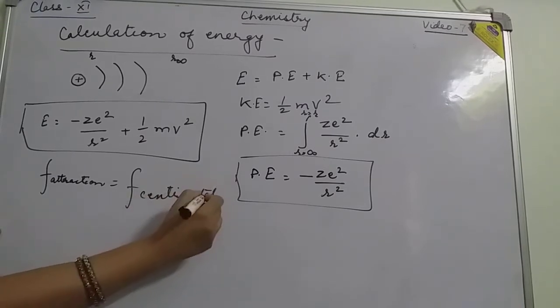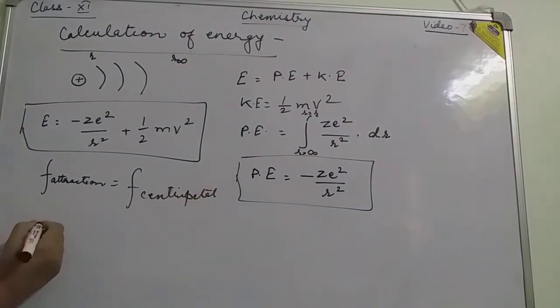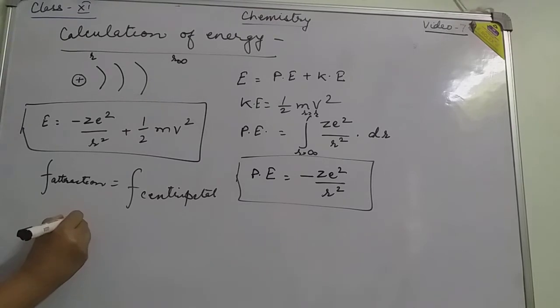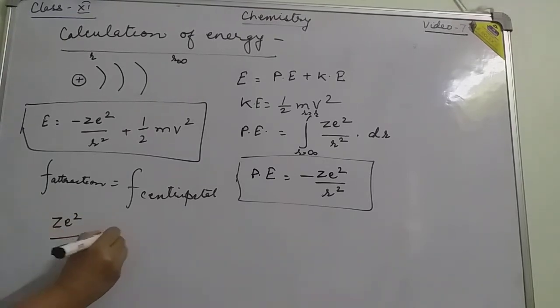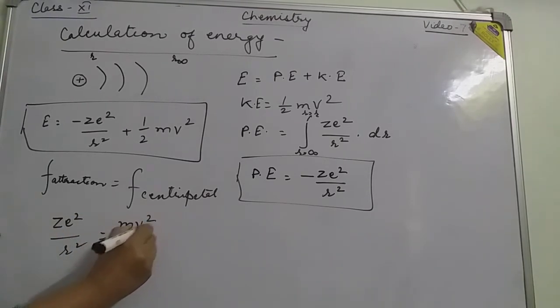So, what is the Coulombic force? It is Ze square by r square, and the centripetal force is mv square by r.